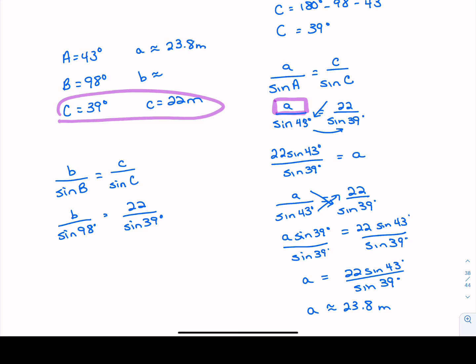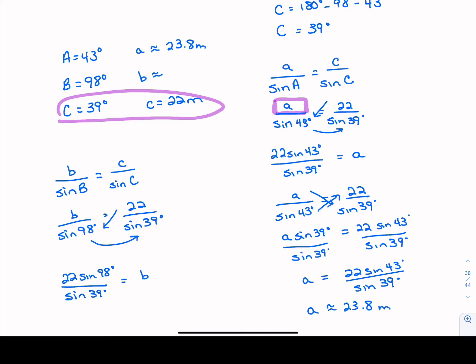So once again, I'm going to cross multiply and divide. So I'm going to take 22 times the sine of 98 degrees and divide that by the sine of 39 degrees. So again, you can use whichever technique you are most comfortable with. You can use cross products or clear your fractions.